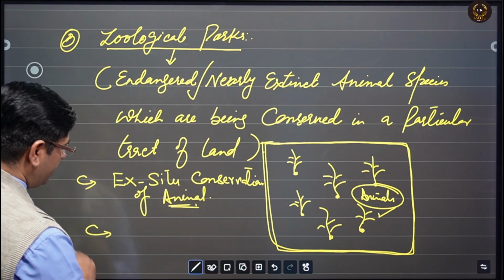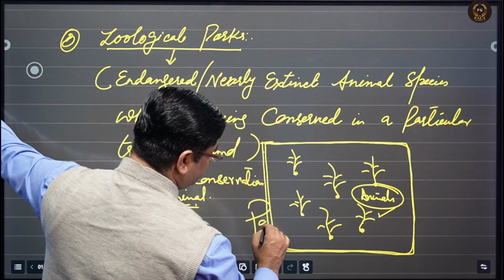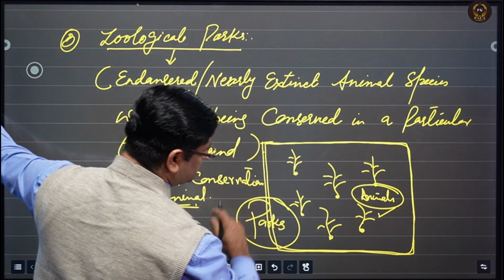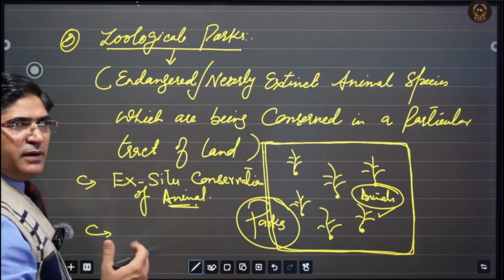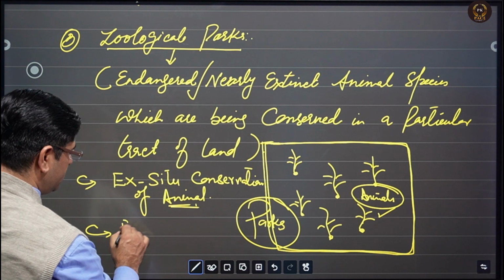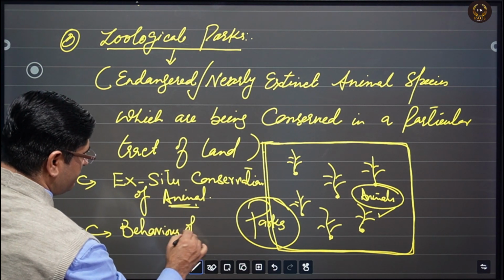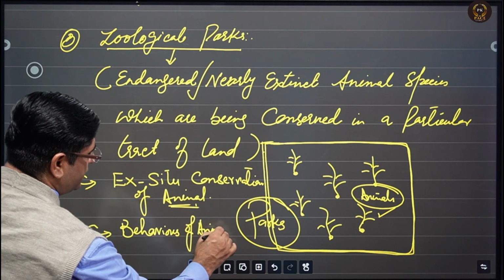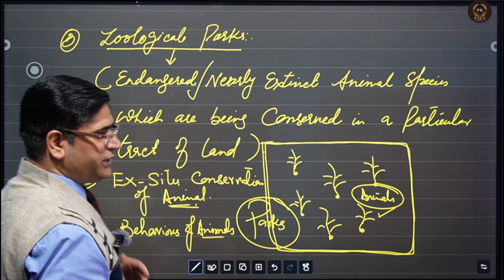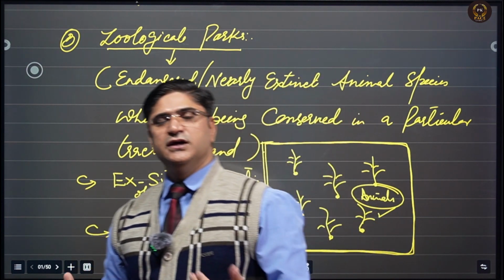Also, when anyone visits these zoological parks, they get the chance to know about the behavior of animals: their feeding, how they feed themselves, and how they react to things.